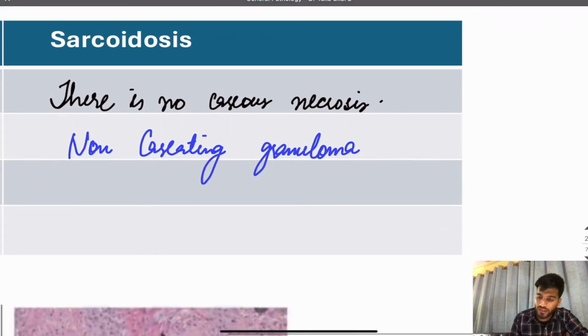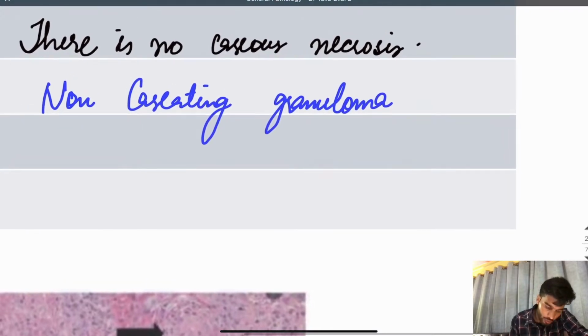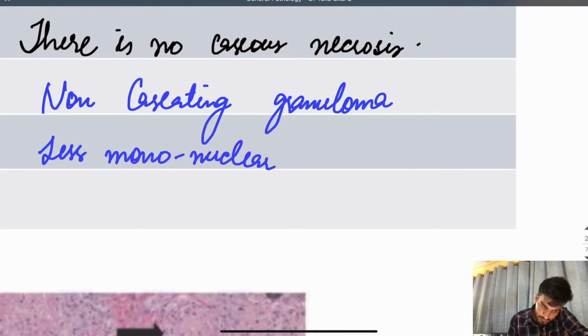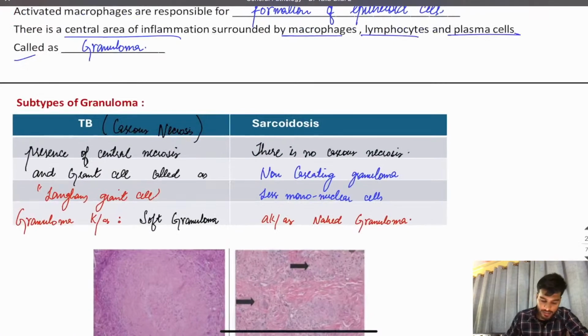There is Langhans giant cell, with horseshoe-shaped nuclei. And it's also known as naked granuloma.